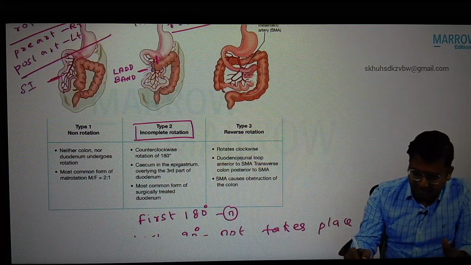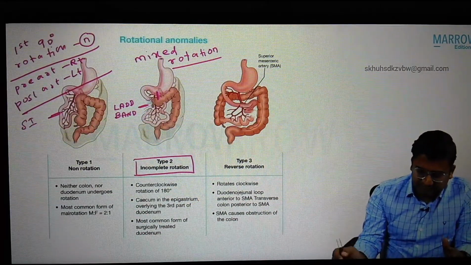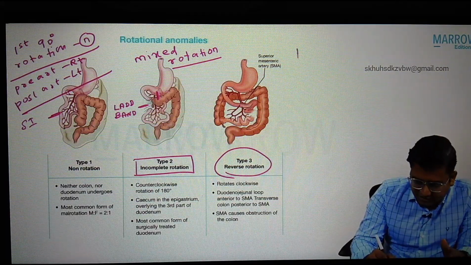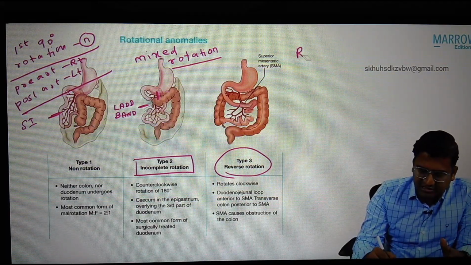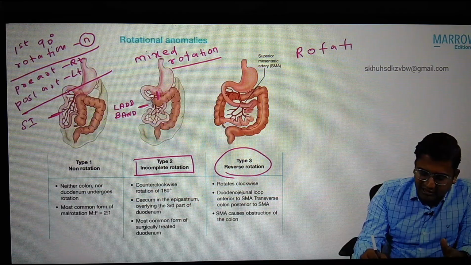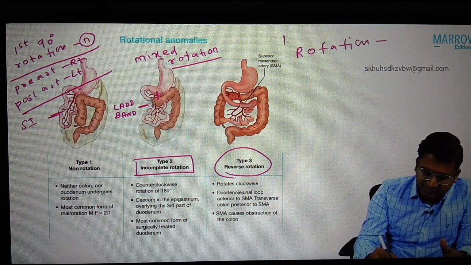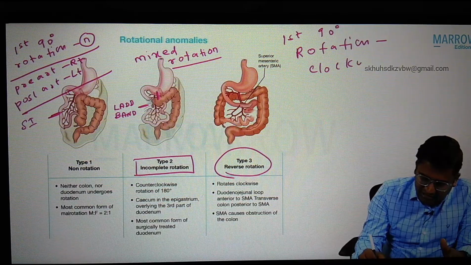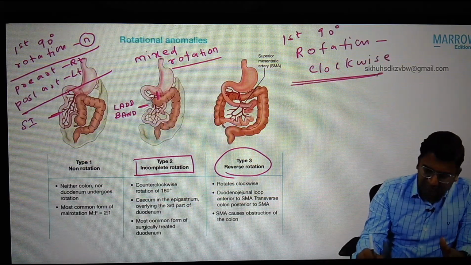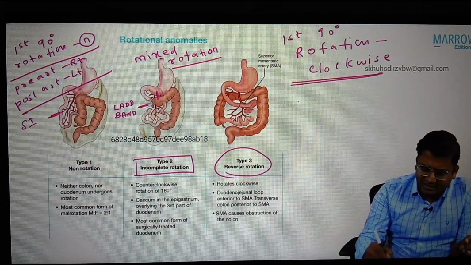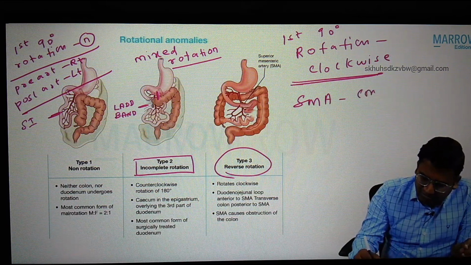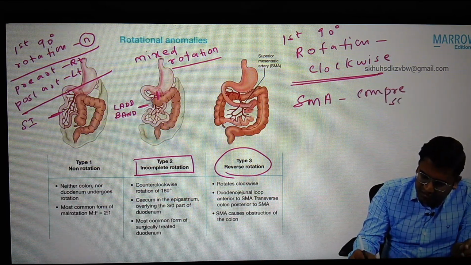Right. Now next one, the reverse rotation. With the reverse rotation, the first 90-degree rotation will be in the clockwise direction. What will happen because of that? The superior mesenteric artery will compress the transverse colon.